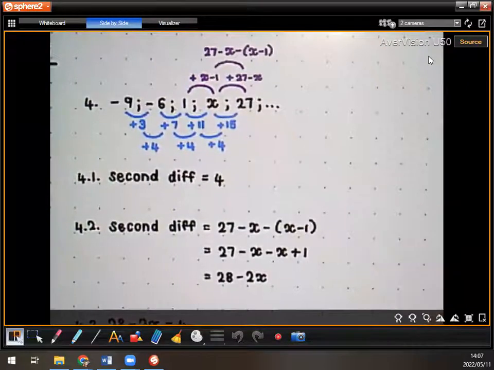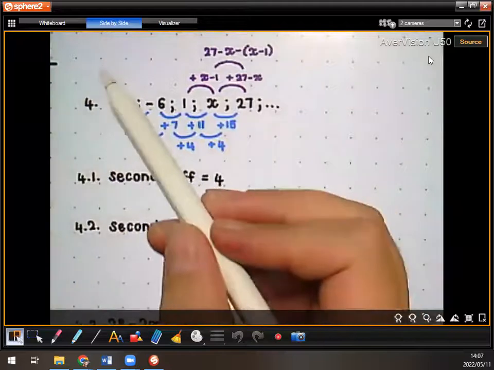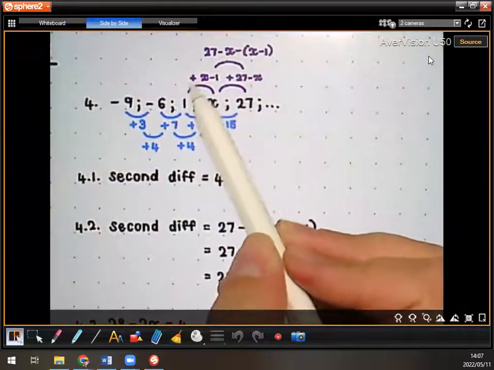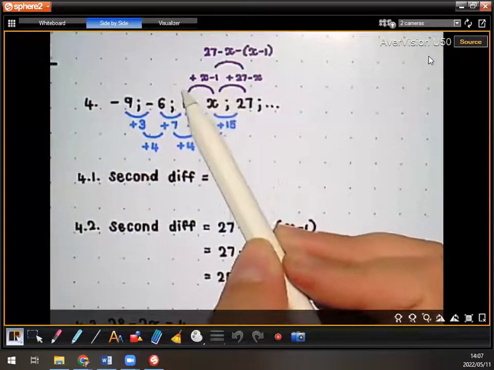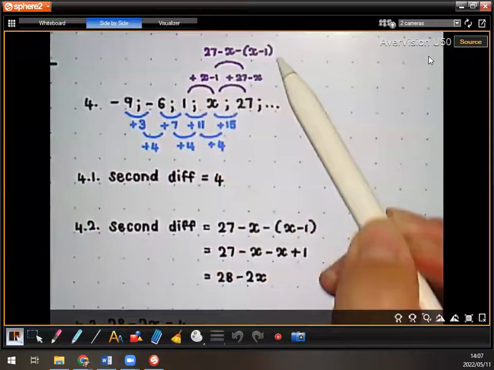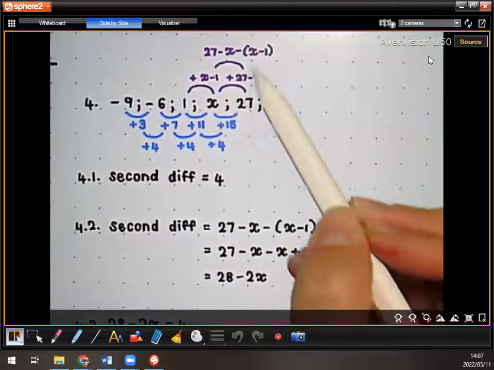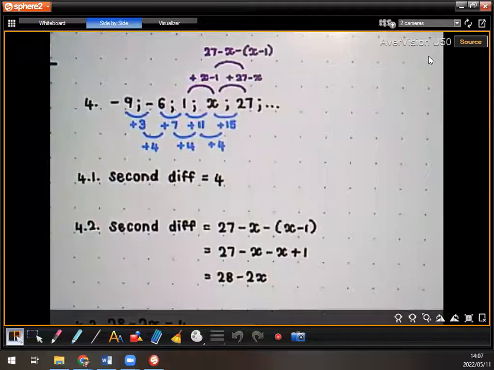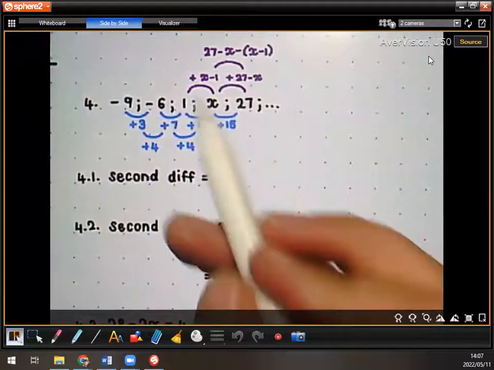So in order to get your second difference, you first have to get your first difference. Here, the first difference would be x minus 1, doing it in terms of x. The other first difference would be 27 minus x. Always a term minus the one before to get that difference.